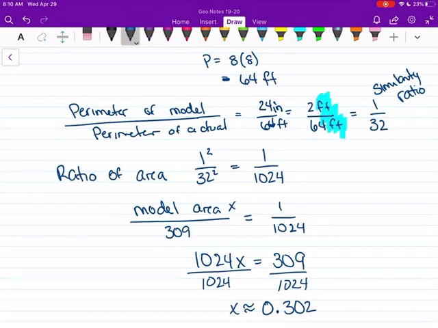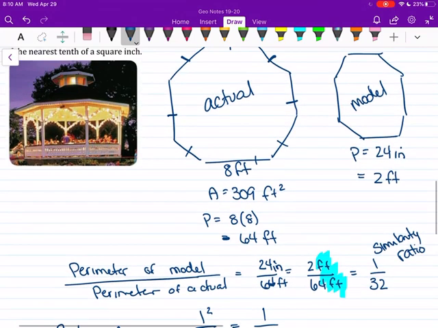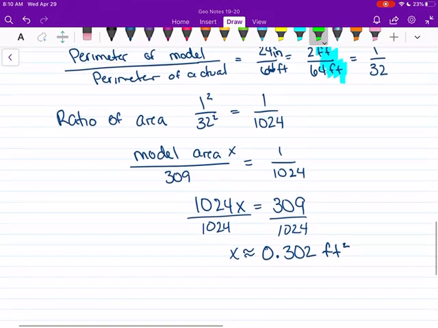Okay, so this is going to be feet in my doing area, feet squared. All right. But, our model was measured in inches. So we should probably also give the area in inches. All right. So let's convert to inches.